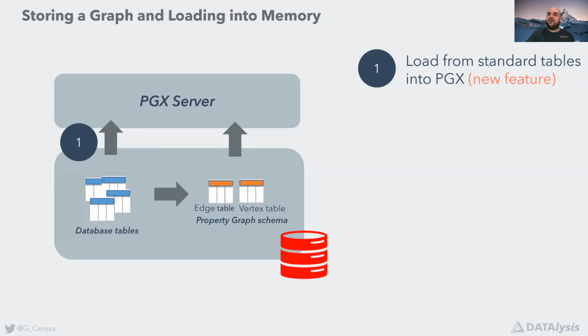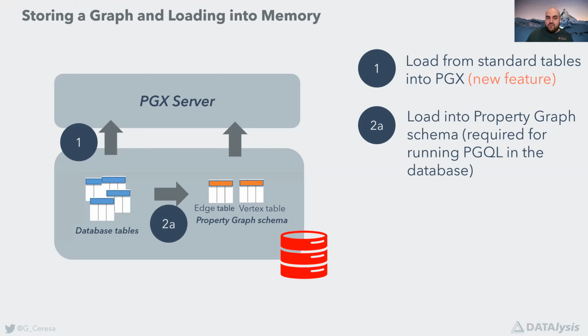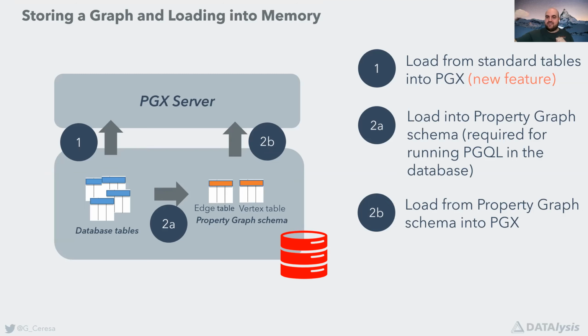And then there is the longer and older path. So the standard way of doing it till a few months ago, which is still the most common one, I would say. You first take your source data, you store it into a property graph schema, still in your database. So it's just a way to store the graph in a predefined way in your database. And then from the property graph schema, you say, and now I load into PGX.